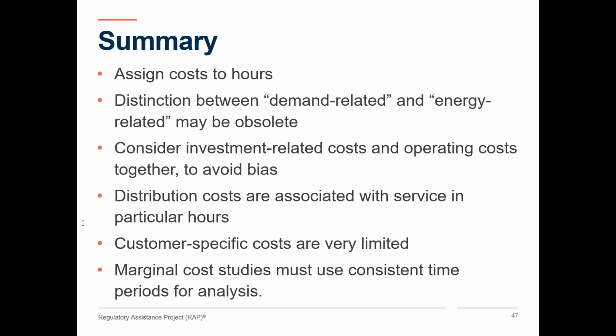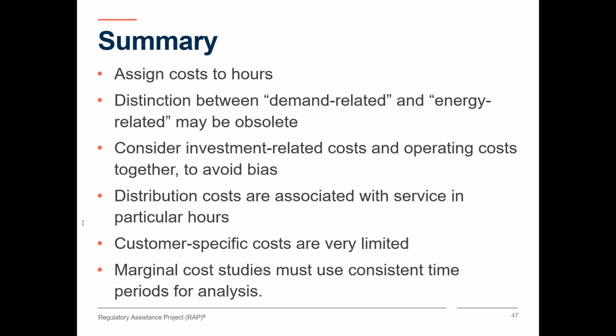All right. Thanks, Paul. I'm going to take this back to the summary, and we'll wrap up this hour. The key factors that we focused on in the last hour have been assigning nearly all costs to the hours for which they're incurred, to eliminate the distinction between demand-related and energy-related costs in that process, to consider investment-related and operating costs together to avoid bias involving resources that have very little in the way of operating costs.